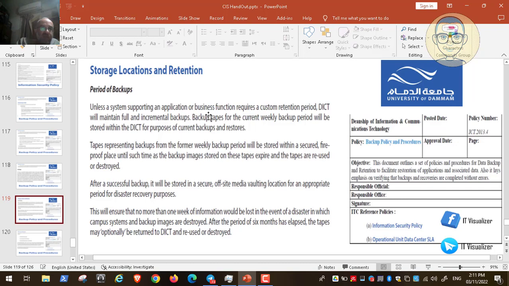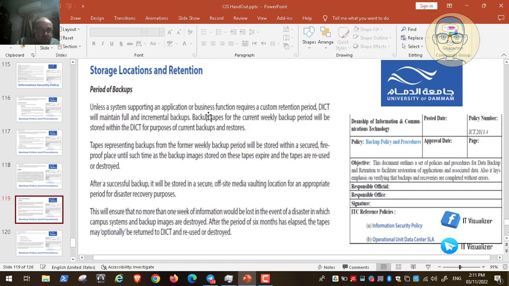As for the previous weeks, it will be stored in a safe, which is fireproof, until the retention period of these weekly backup tapes ends, then you can destroy or reuse them.